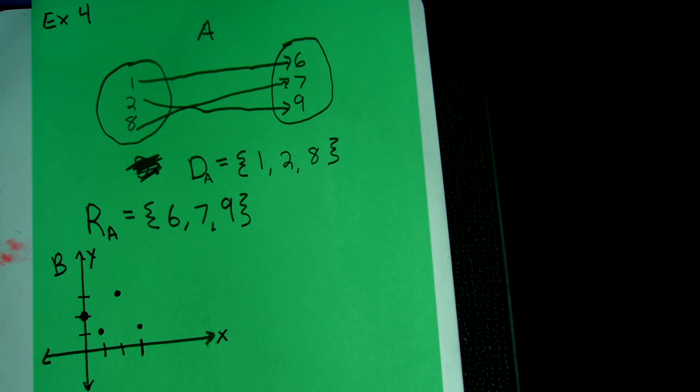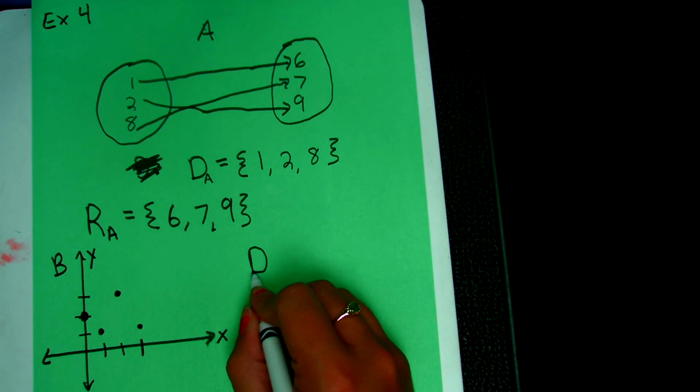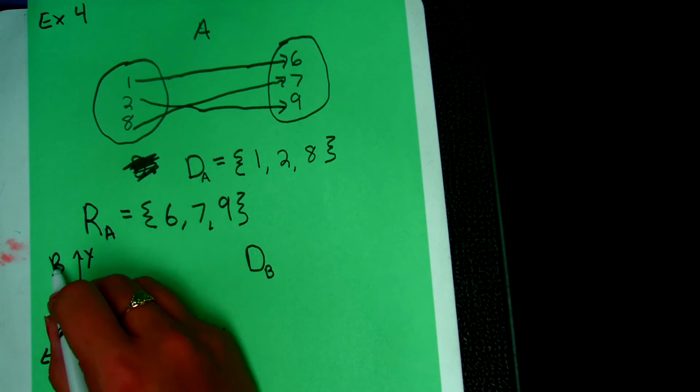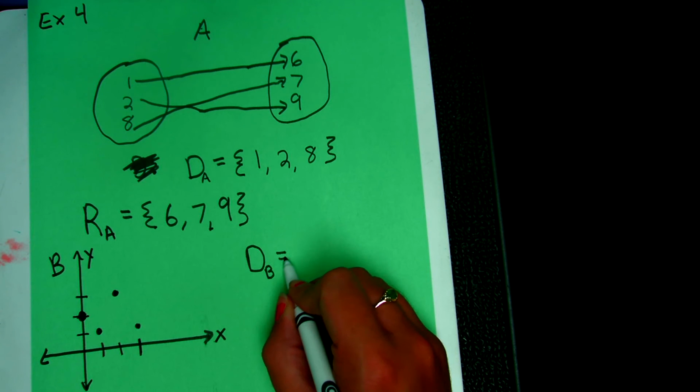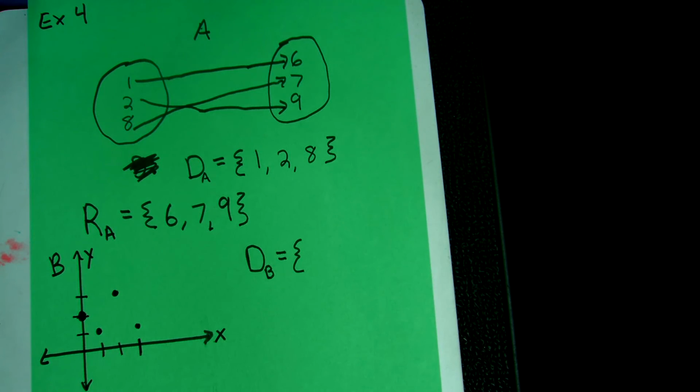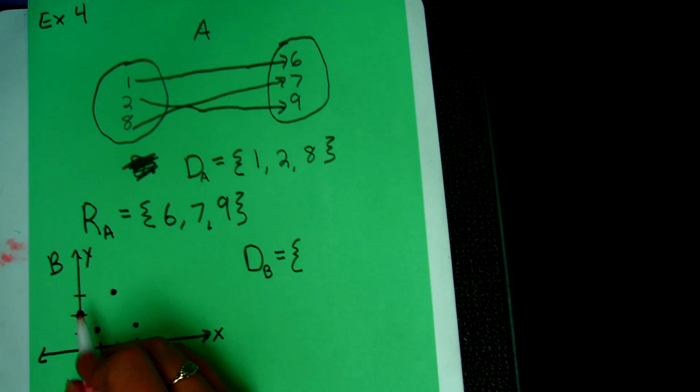So D, our domain, sub B, or domain of relation B, we want just the x coordinates, right? Just the x coordinates. So if I'm going along the x-axis, at what points do I have a point? So let's see. I have a point at 0.